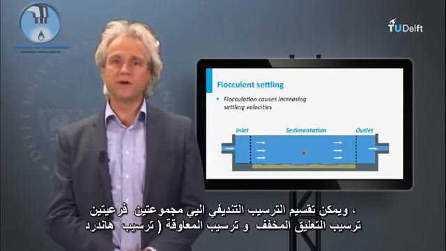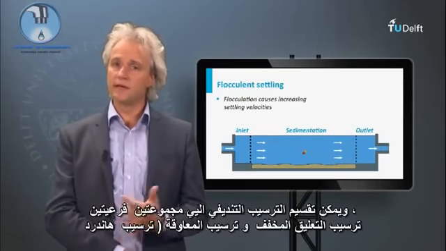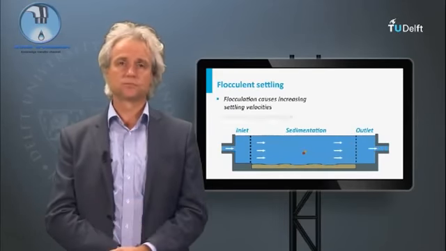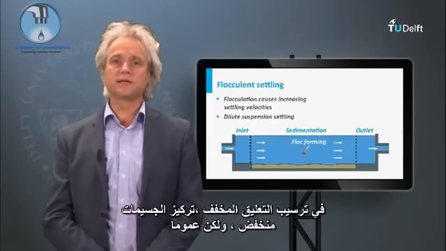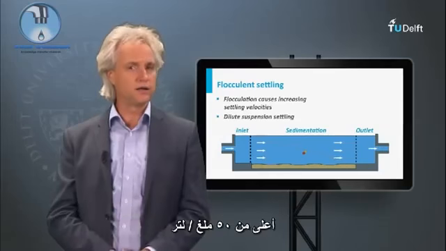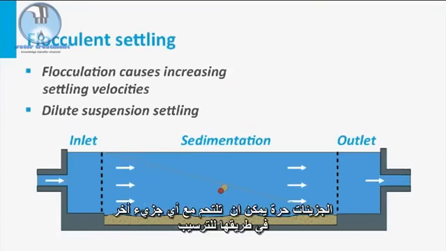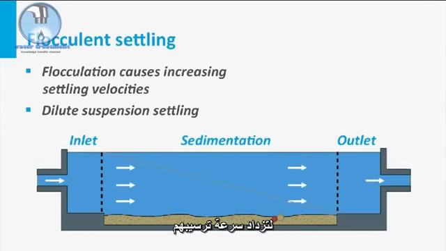Flocculant settling can be divided in two subgroups: dilute suspension settling and hindered settling. In dilute suspension settling, particles are present in low concentrations, but generally higher than 50 milligrams per liter. Particles are free to coalesce with any other particle on the route of sedimentation, increasing their settling velocity.